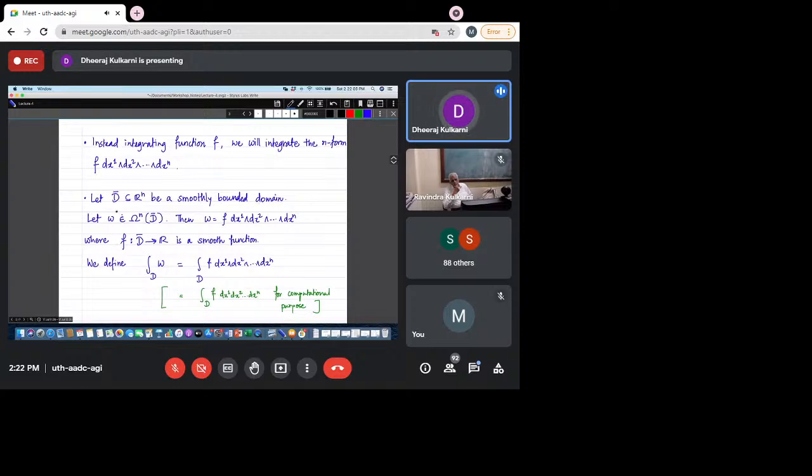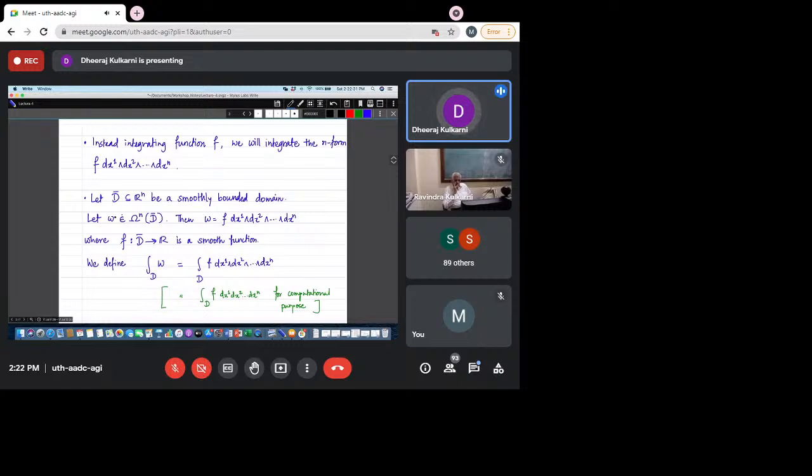Let D bar be a smoothly bounded domain, which means that the interior of D bar is an open set within Rn. We may take it to be connected, though if it is not connected, the disconnected issue is irrelevant in this discussion. Let us take this to be a ball, for instance, together with its boundary.